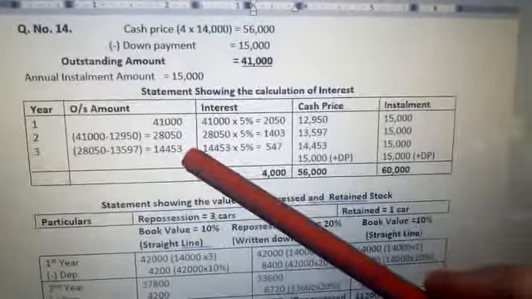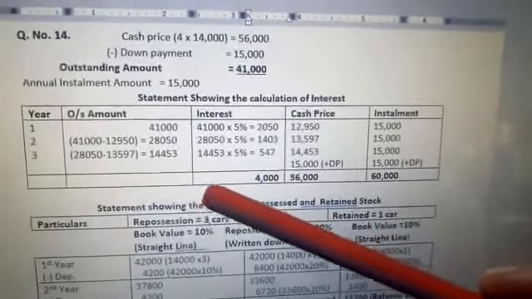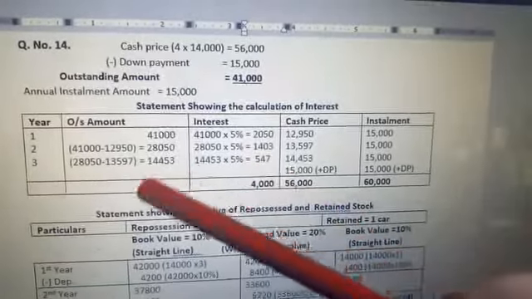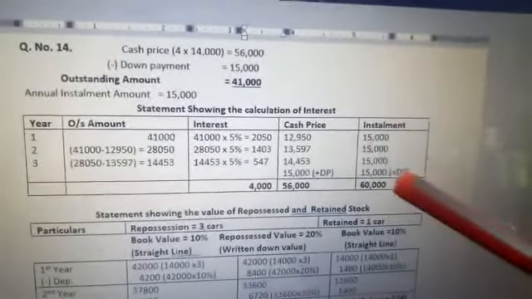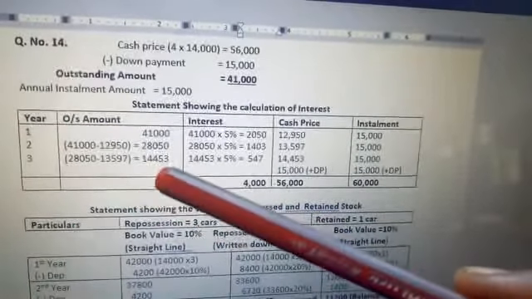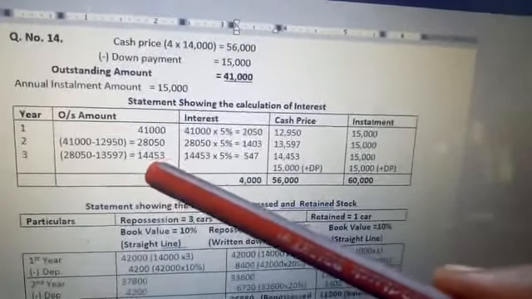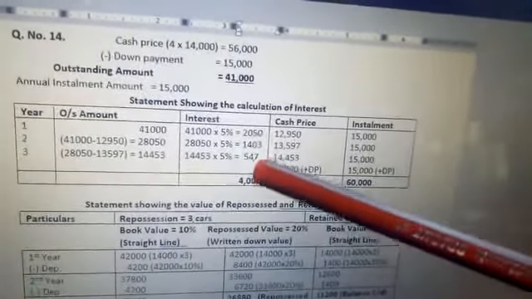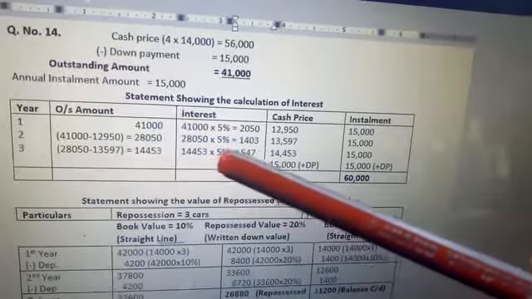So you should be very careful while calculating the third year interest. In the third year, as the installment amount is uniform for all the years, the interest will be the difference between 14,453 and 15,000. It is 547. It is not 14,453 into 5%.